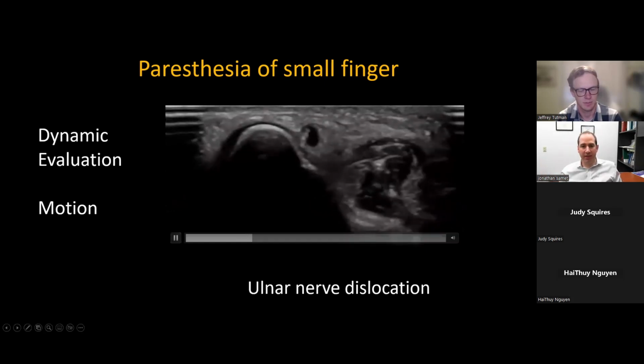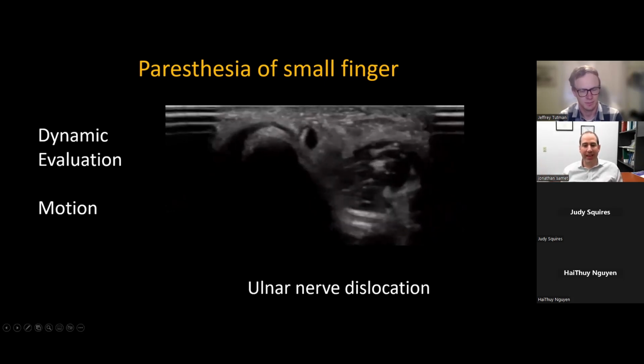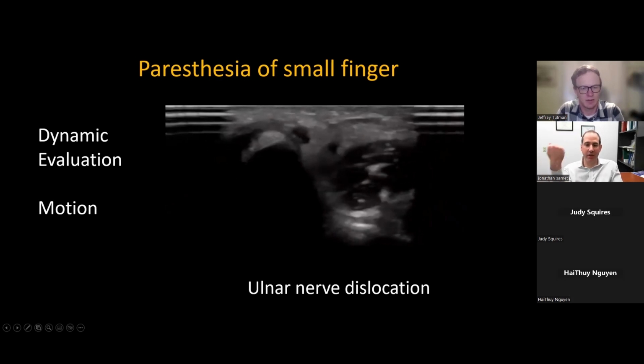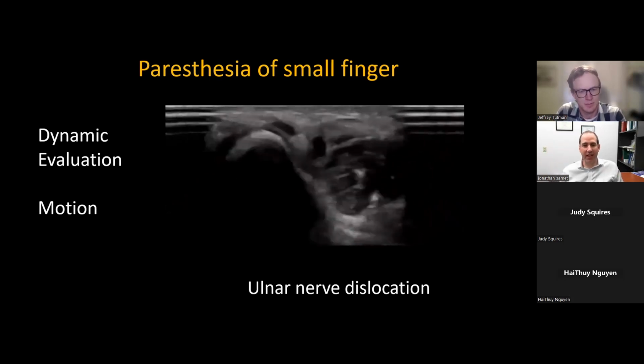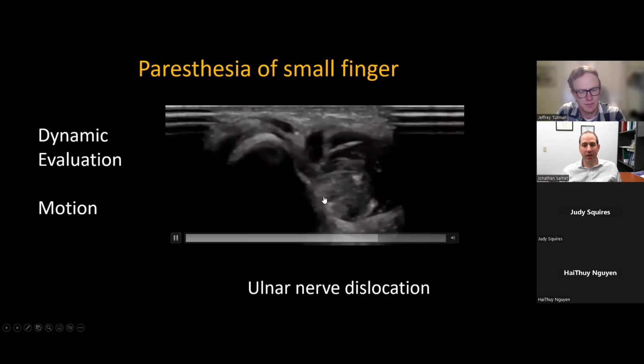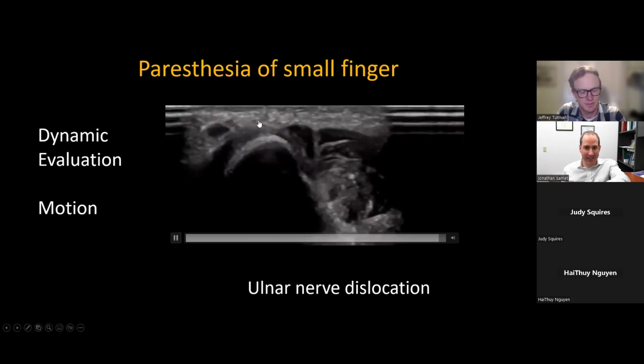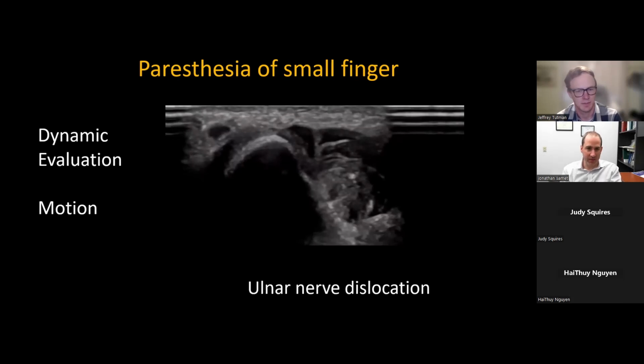And this bony prominence is the medial epicondyle. And so as they're flexing their arm up, you're going to see that nerve pop out over the medial epicondyle out of the groove. You see it quickly jump over there. And so that's something that you can't really see with MR. So you have dynamic evaluation.